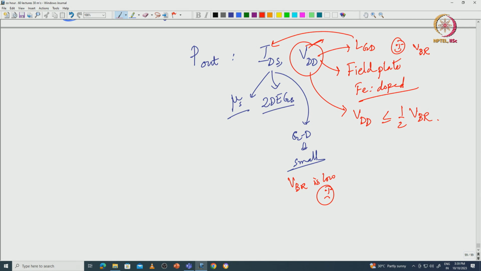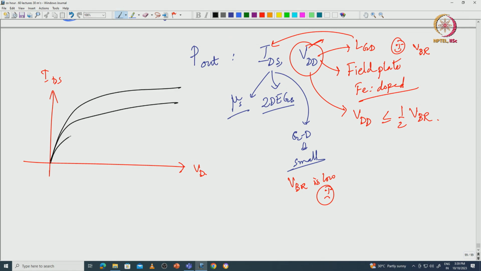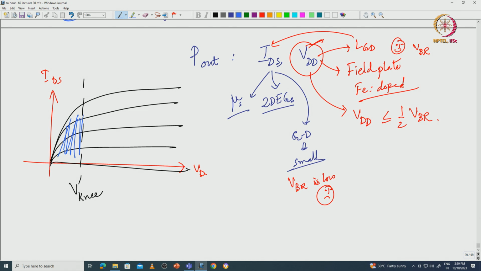So what I mean is that if this is your ID and this is your VD, and you are looking at a curve like that, correct? This is your knee voltage, okay, and this is a region where you are not going to get power as much, because this is a linear region.